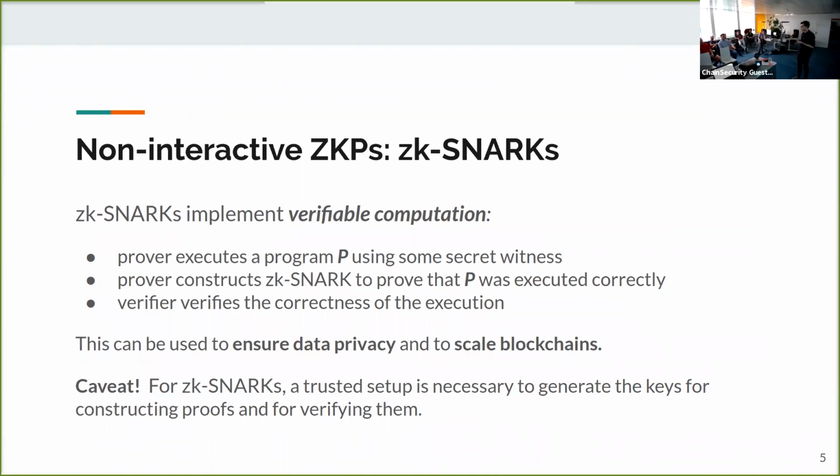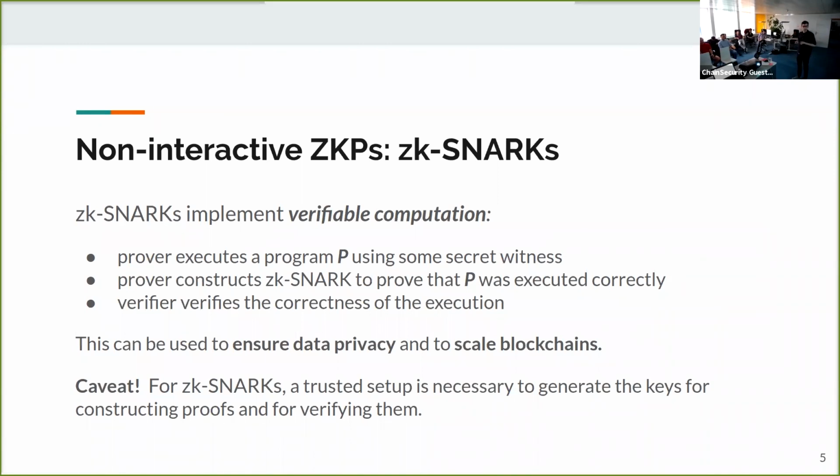In particular, the more complex the program is, the more complex it is to execute, because you have to run through every instruction in the program. We can basically think of this as slow. On the other side, we have the verification, and the verification is independent of the complexity of the program. So verification, asymptotically speaking, is faster than proving.